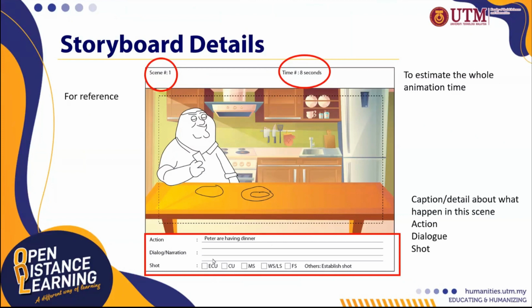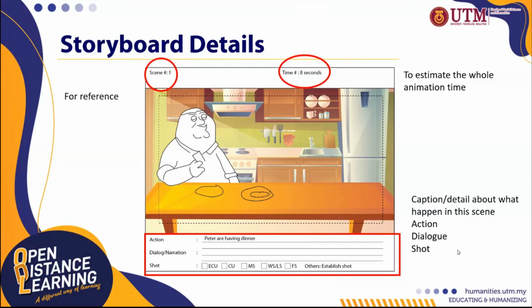And then CU, close up, MS, middle shot, and then a wide shot or a long shot, and then full shot, meaning the whole character from the head to the leg or the bottom. Okay, that is full shot. This is the basic. I think there are a lot of types of shooting technique. For animation, I think this is the basic one.